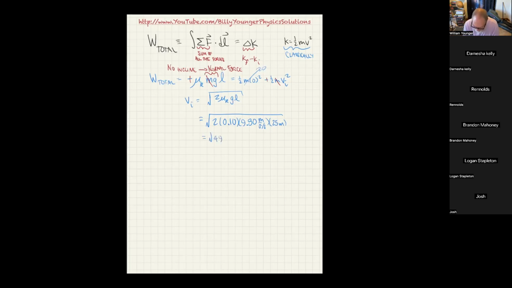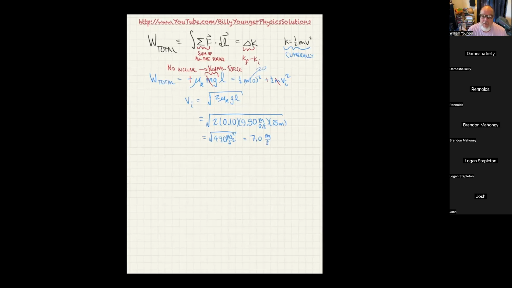And notice the units turn out to be meters squared per second squared. Now I take the square root of that, and I think everybody knows what the square root of 49 is. It should be 7. So we get v initial equals 7.0 meters per second. Of course, you can convert that to miles per hour, but the main thing is that's a typical application of the work energy theorem.